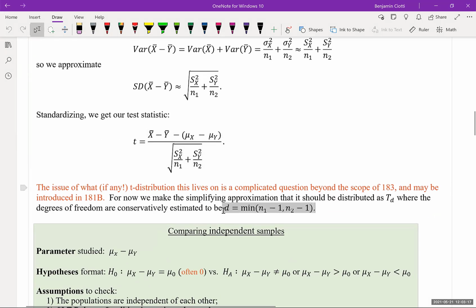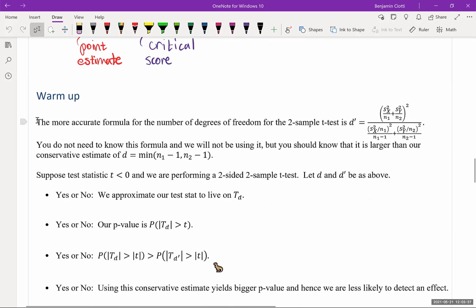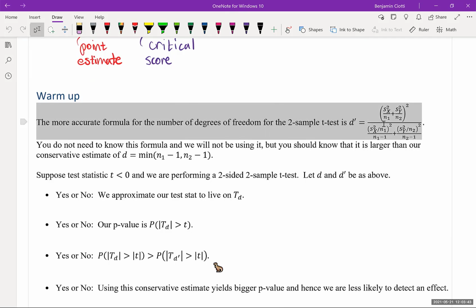We approximate the distribution of that test statistic with a t-distribution with this conservative estimate for the degrees of freedom. Let me talk a little bit more about that point, because that's maybe one of the more subtle aspects of this topic. FYI, here's the actual formula for the degrees of freedom.